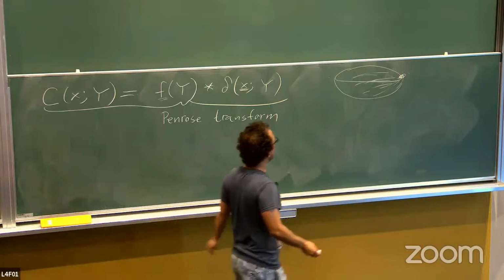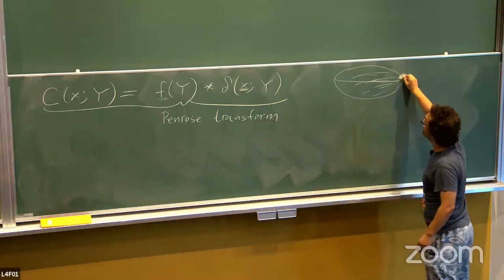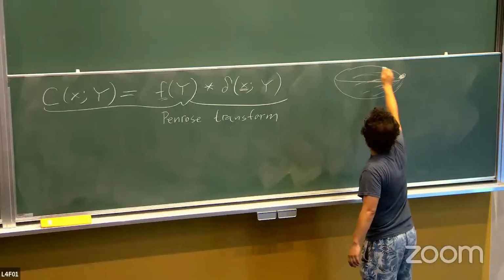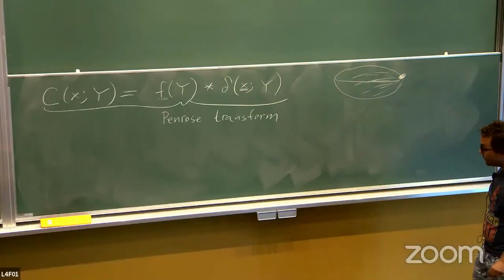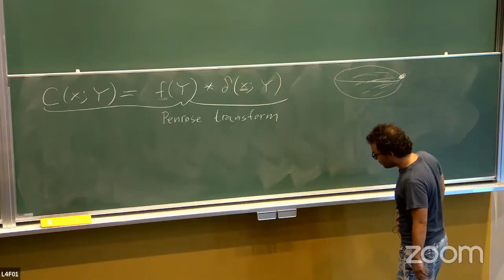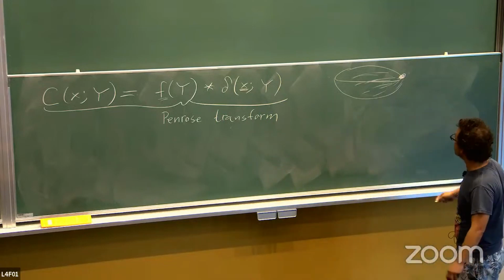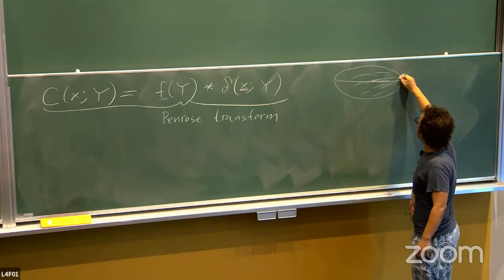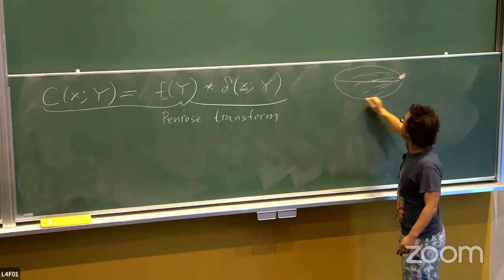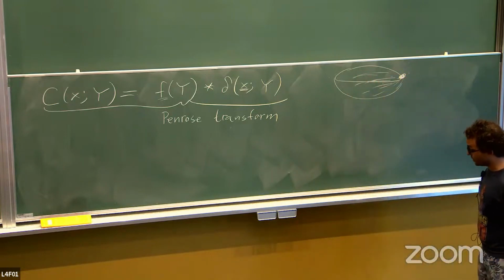And we know that here at each spin, there is a unique quadratic form, a unique two-point function, whose normalization is given by the bulk action of the field.